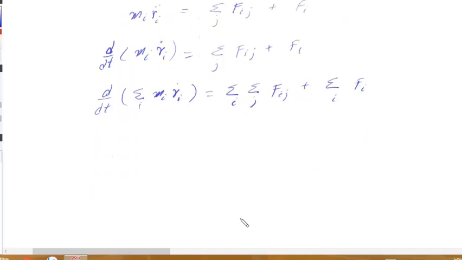Then this is the total momentum, the total momentum of the system.